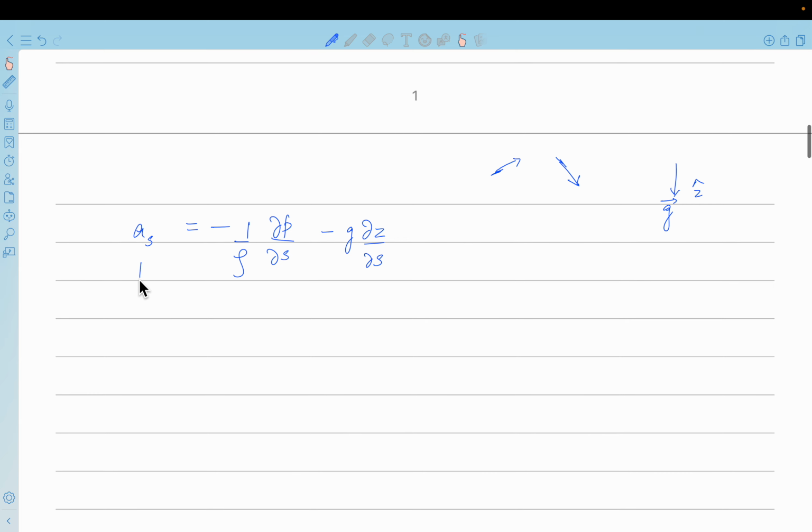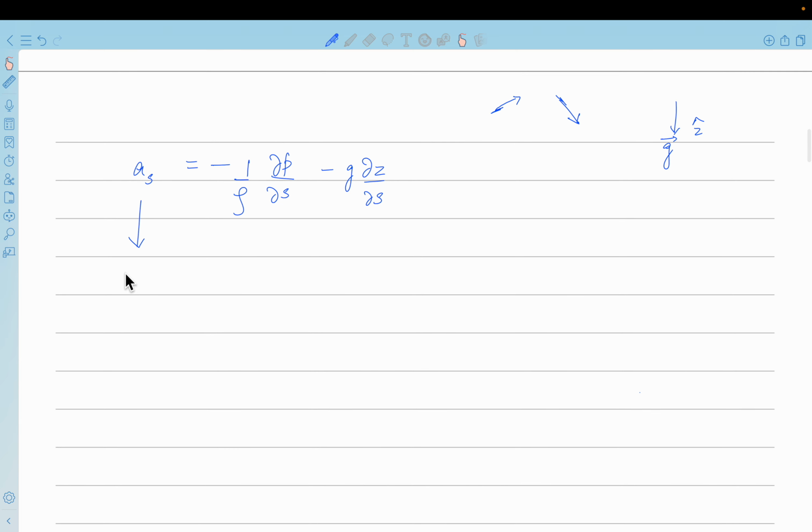Okay, and how do we write this? It is nothing but dv by dt, which you can write in the expanded form. So this is dou v by dou t plus v dot grad v.